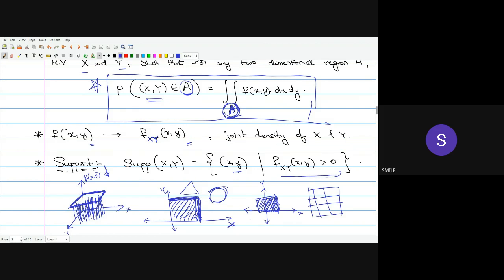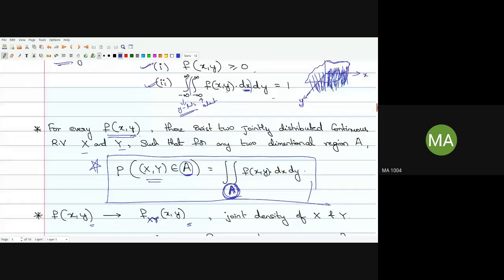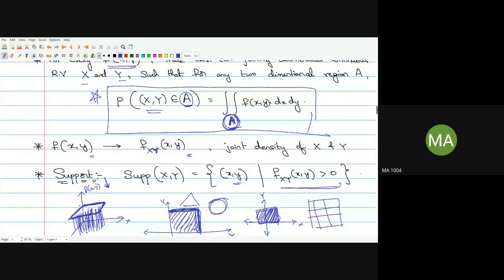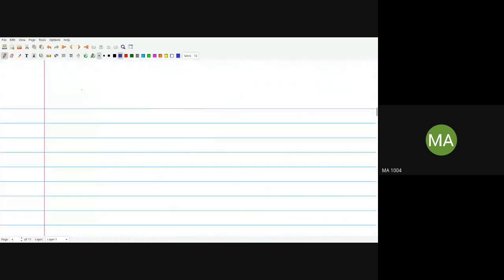Okay. Can f(x,y) take negative values also? No. See, there will be 3 axes. So this is f(x,y). This cannot take negative values.